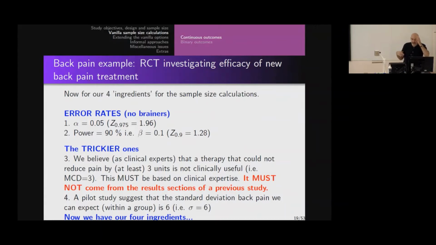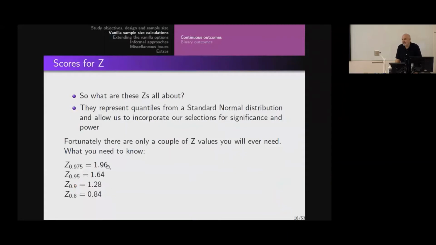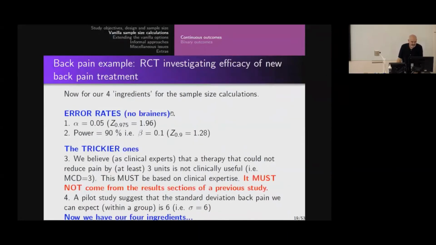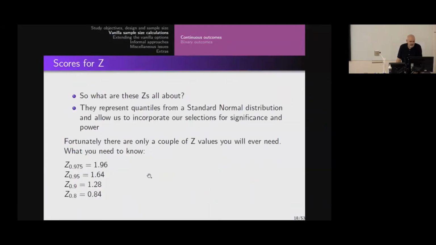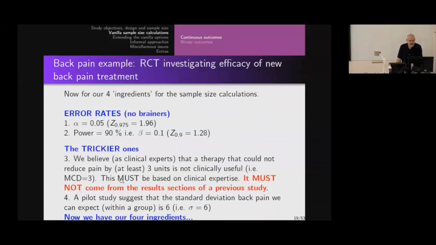It is a 2-tailed test, so I've got to divide that 0.05 by 2, and I use 1.96 from right there. If I want 90% power, in other words beta equals 0.1, I will use this number here. If I wanted 80% power, I would have used that number. So I don't really have to think too hard about them.